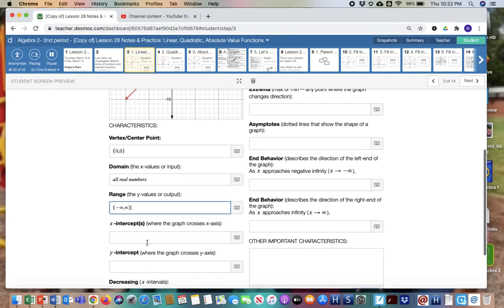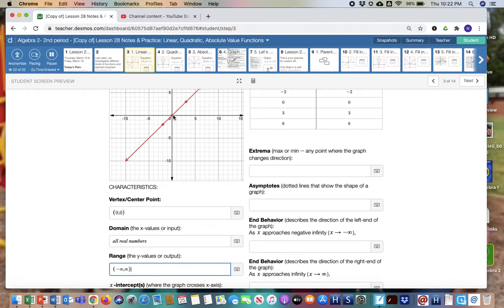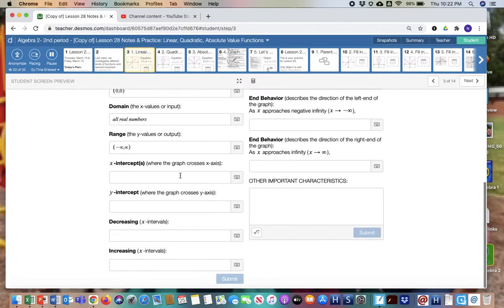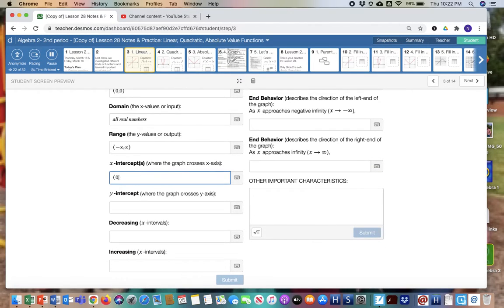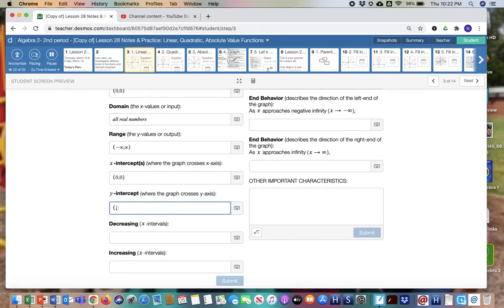All right, next the x y intercept. So in this case, it actually becomes pretty straightforward because it's just this point, 0, 0, right? So 0, 0 is both an x and a y intercept. And in this case, that is the same value for both of these 2 points. So the x-intercept is 0, 0, and the y-intercept is 0, 0.